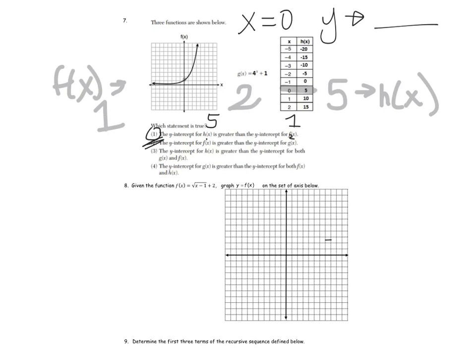Nope. The y-intercept for h of x is greater than both g of x and f of x. So remember, h of x is 5. Is that bigger than both 1 and 2? Yeah. The y-intercept for g of x is greater than the y-intercept for both. 2 is not greater than 1 and 5. All right, so that's a no.